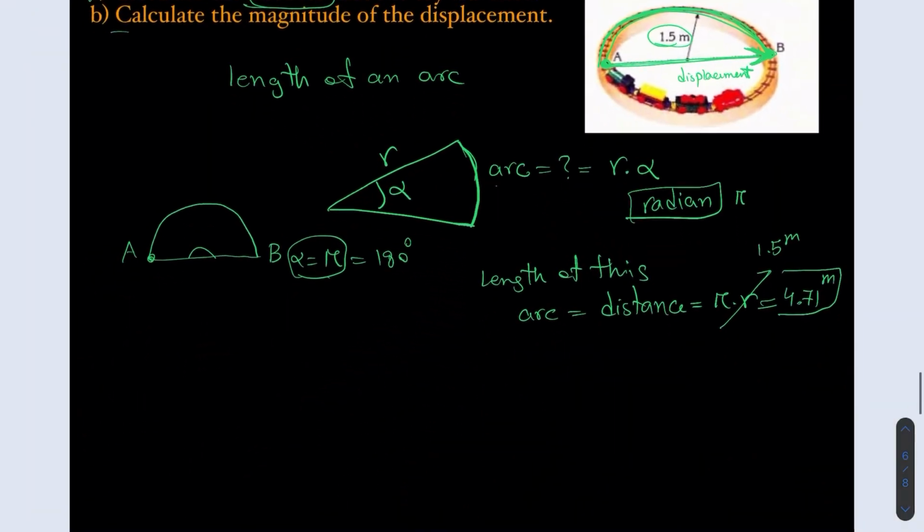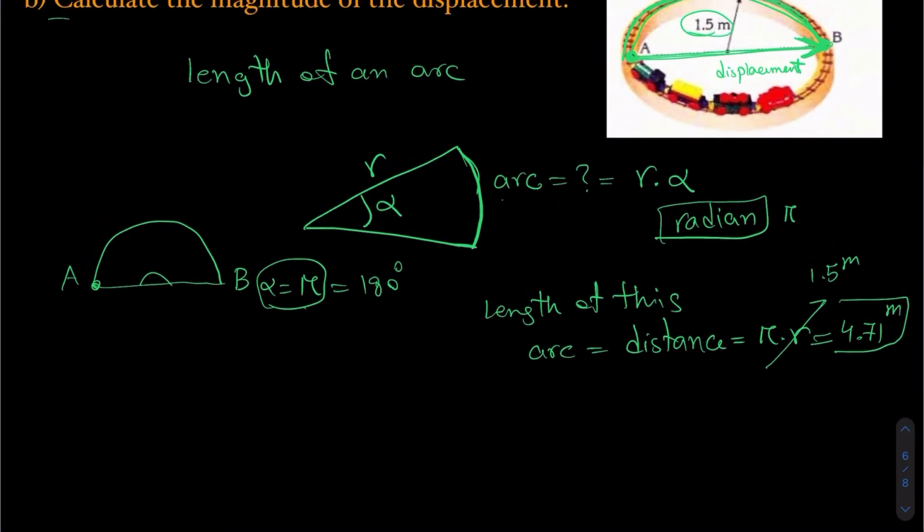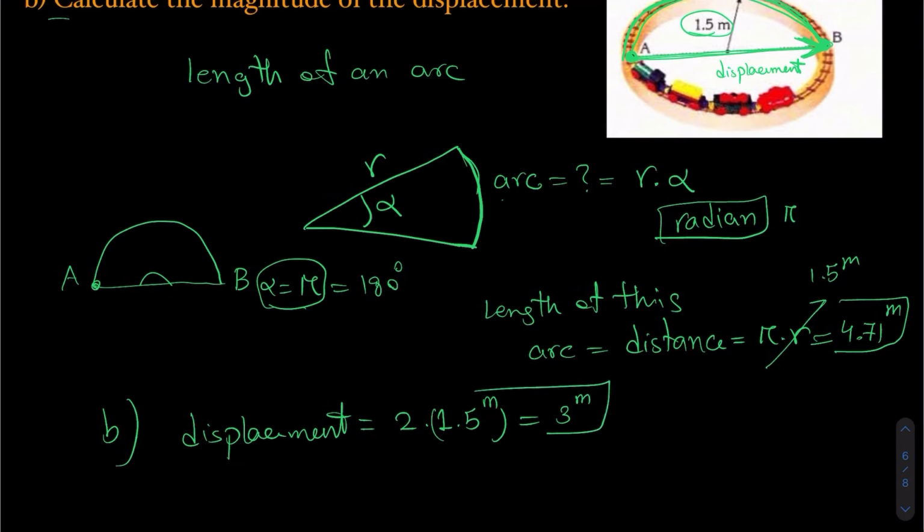So therefore, for part B, the displacement will be equal to 2 times 1.5 meters, which will be equal to 3 meters.